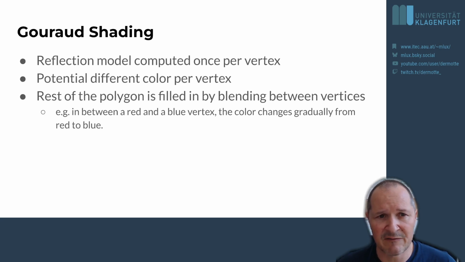And there we have potentially different color per vertex. So if we have a triangle, we have 3 vertices, and each of the vertices has a different color in most Gouraud shading cases. And the rest of the polygon is filled in by blending between those vertices. So we determine how far is a point on the triangle away from vertex 1, vertex 2, vertex 3, and based on that, we linearly interpolate the color.